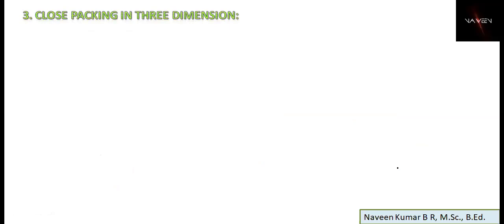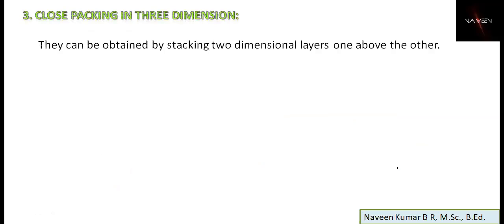So we'll go with the next level of the arrangement of particles. It is close packing in three dimensions. Again, if we take the two-dimensional structures, that is either square close packing or hexagonal close packing, placing one above the other, we'll call them layers. Whatever structure is formed in two dimensions will be considered as layers.